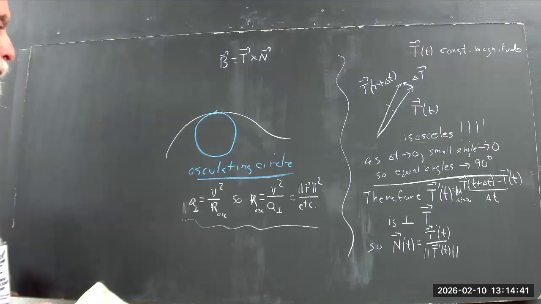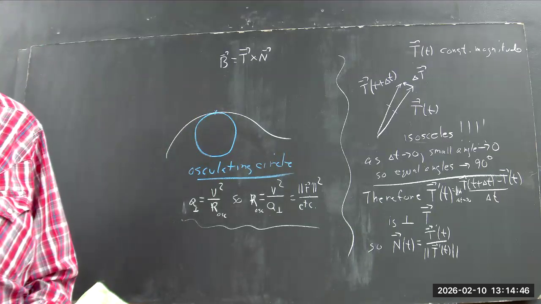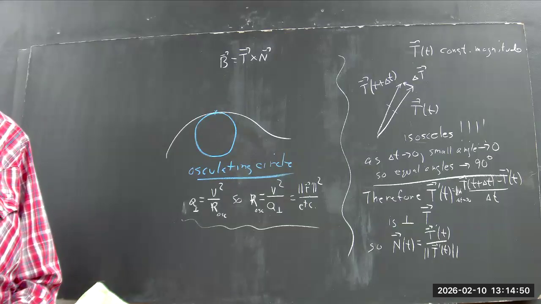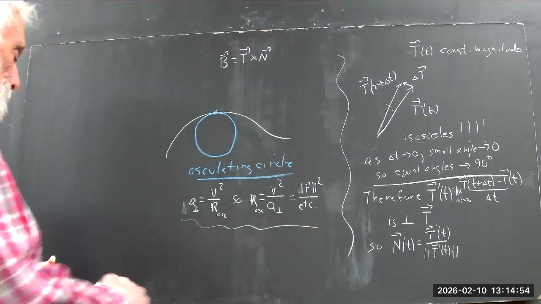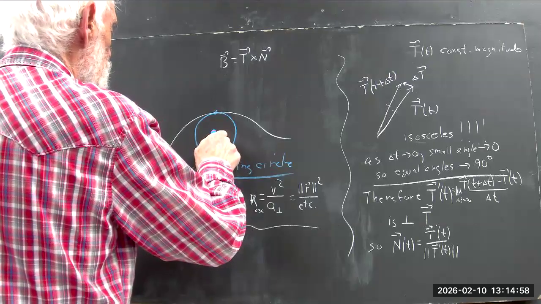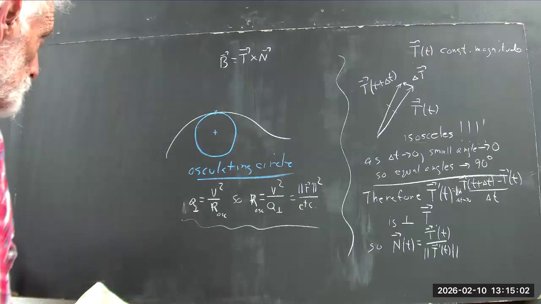What we want to know is an equation for the osculating circle, probably a parametric equation. So we've got to figure out where the center is. So that's implicitly the center.